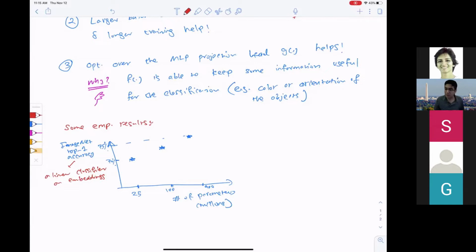So what is the gold standard here? If you are using a supervised model, end-to-end training for the labels, with 25 million parameters, I believe you get something a little bit north of 75%. So this is the performance of the supervised model.